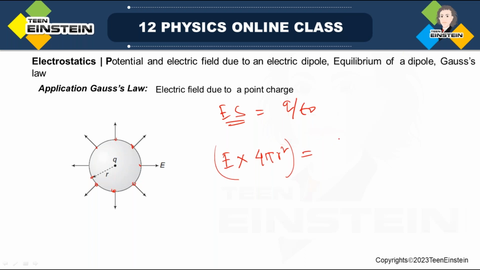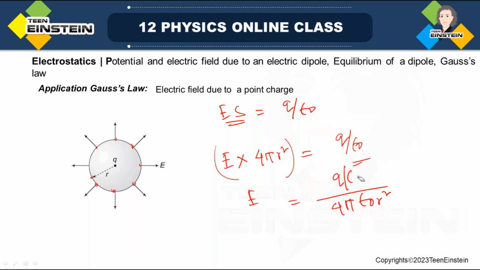Then this will be exactly equal to Q by epsilon naught, where Q is the charge enclosed by the surface. And see what we get: E equals Q by 4 pi epsilon 0 r square.